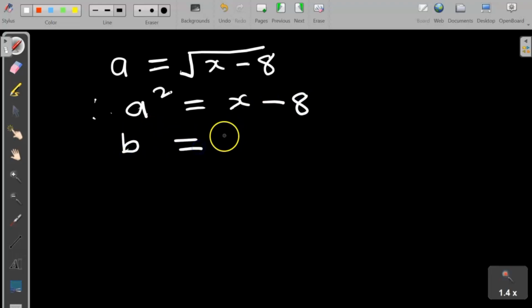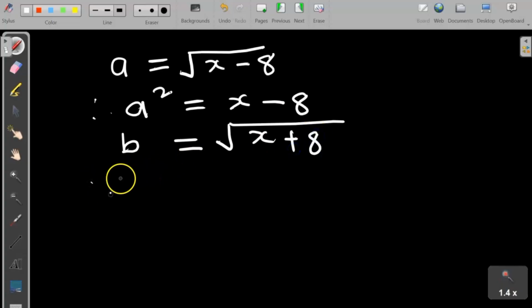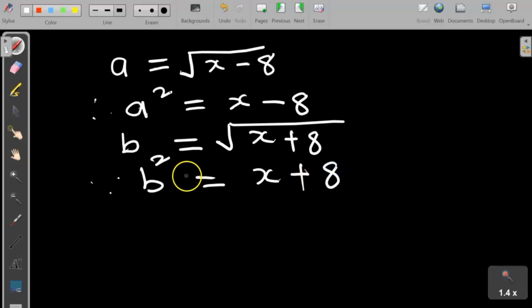B is equal to root x plus 8. Therefore, b squared is equal to x plus 8. I have b squared and a squared. I'm going to introduce difference of two squares.